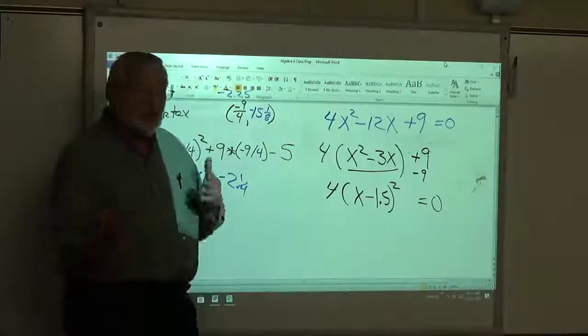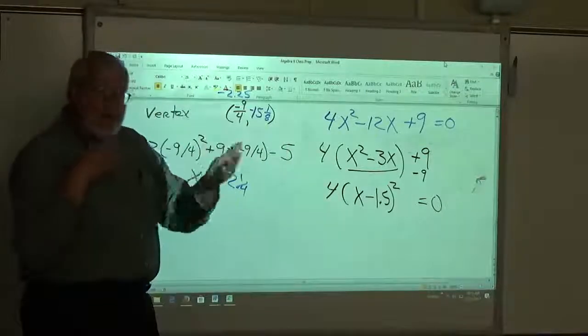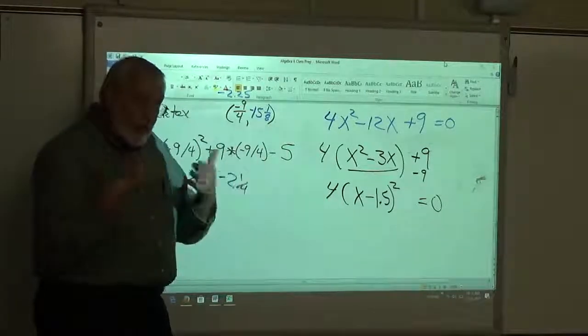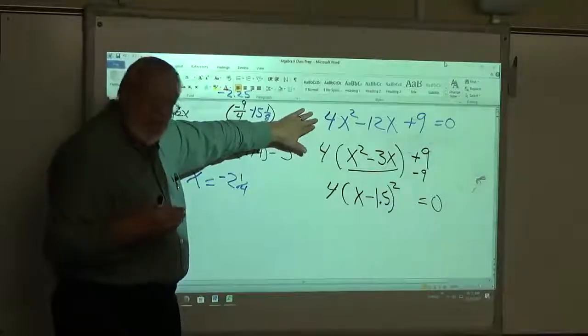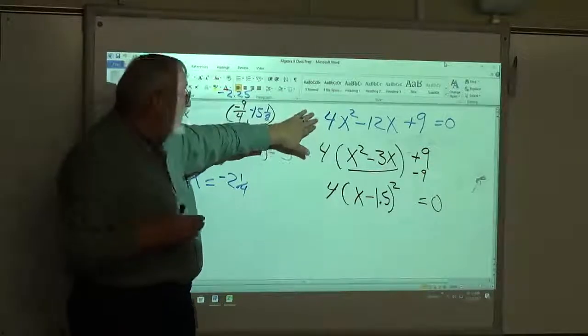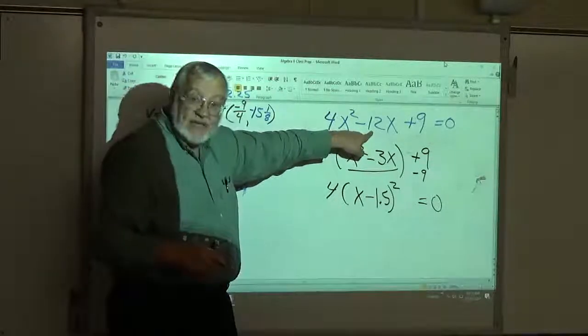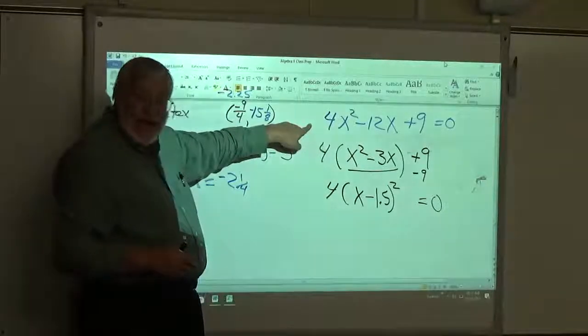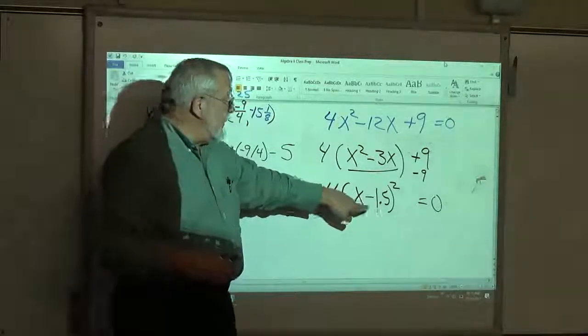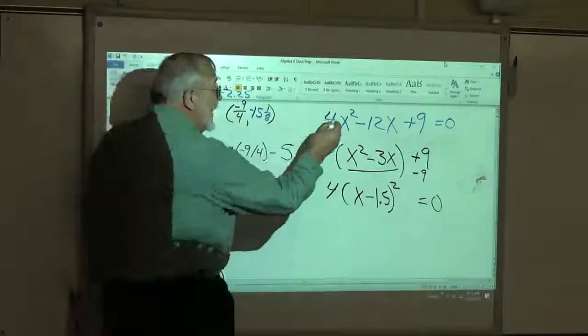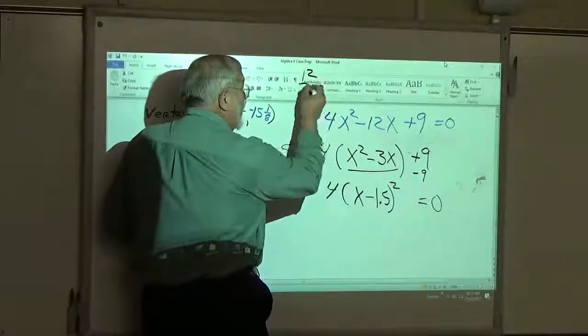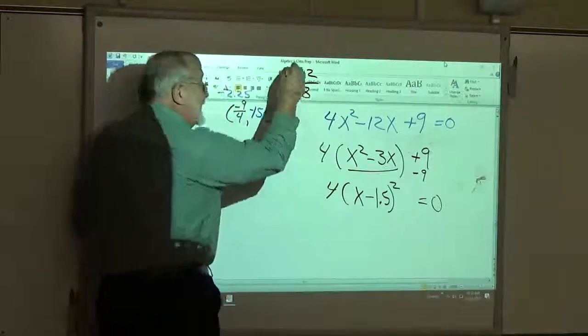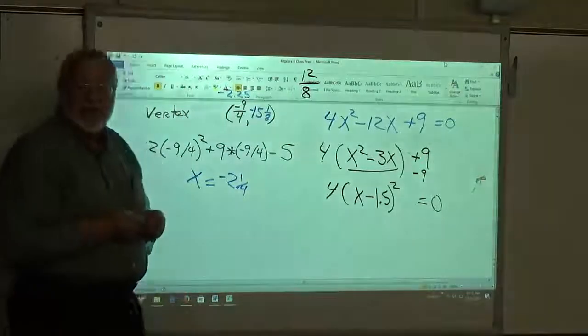All right, so what we're doing is combining the vertex form of the parabola. If you can't handle it, you could always use negative b over 2a to get this number, and let's look at that. What is the opposite of this? 12 over 2 times that, which is 8. You notice that's 3 over 2?